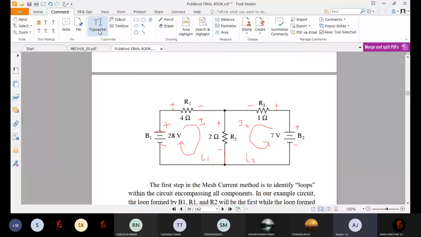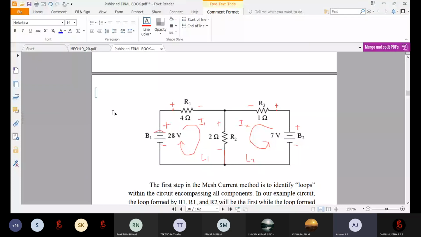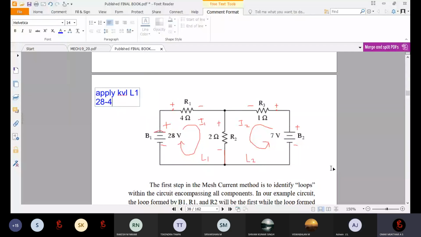And now I am going to apply KVL to loop 1. Now, can anyone tell the equation? It will be 28 minus 4 I1.